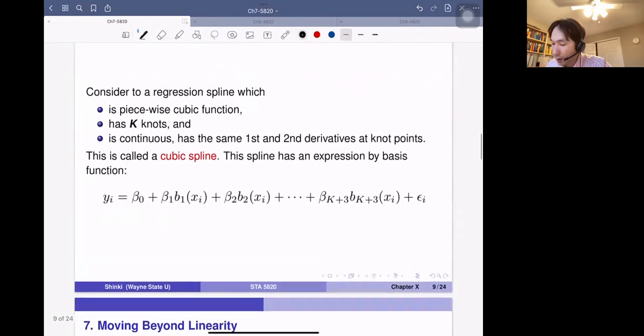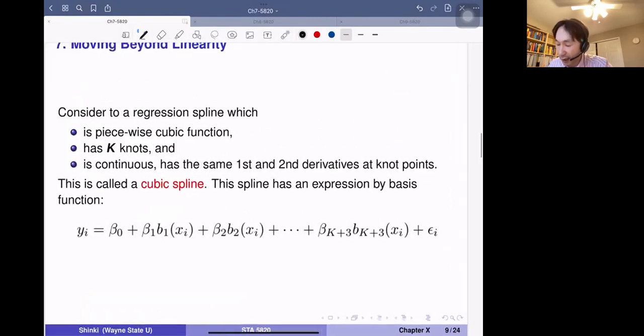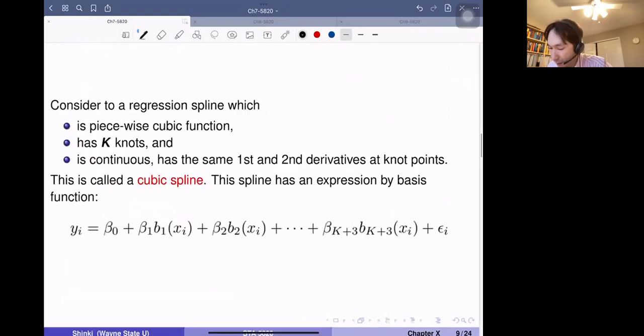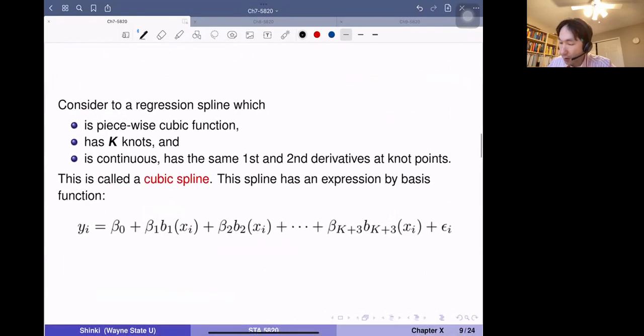So spline is a sophisticated way to do that. Regression spline is basically that we have the basis functions. A basis function is prepared for each interval of time period.